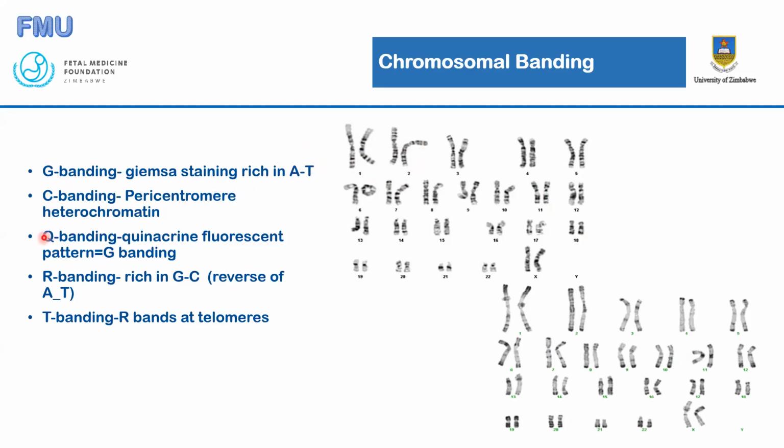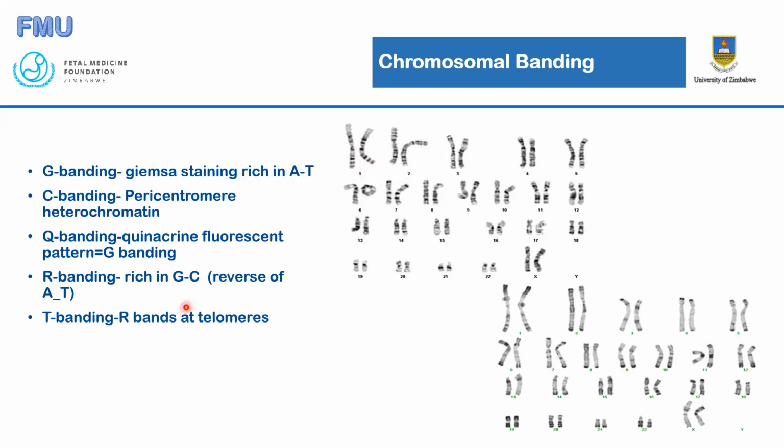Then we have the C banding, which I didn't put here, but it mainly colors pericentromeric heterochromatin. Then we have the Q banding, where quinacrine is used. It's a fluorescent pattern which will be displayed. It is almost the same as the G banding in terms of what it intensifies. Then we have the R banding.